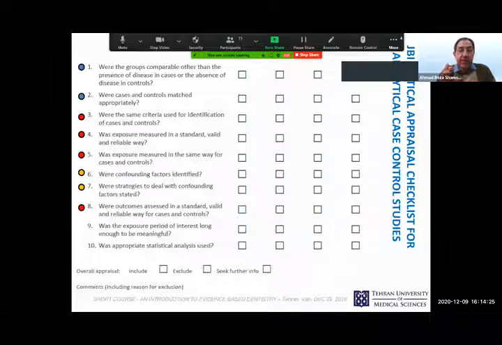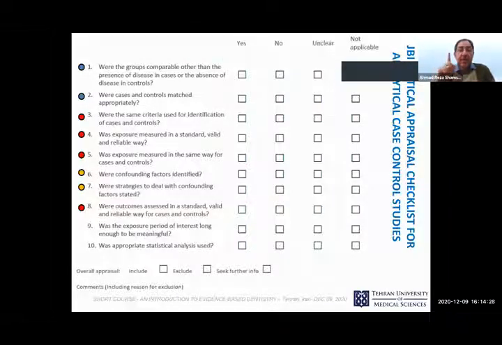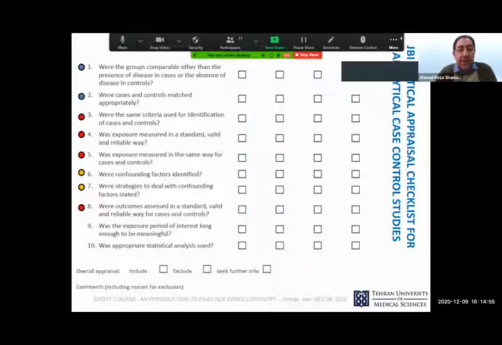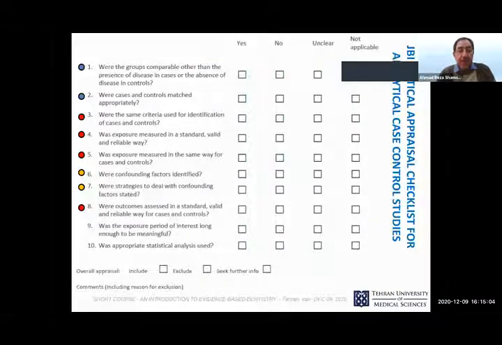As I mentioned before, it's related to the causal network, to literature reviews and the researcher's expertise in that field to consider all variables affecting the outcome as potential confounders. And were strategies to deal with confounding factors stated?